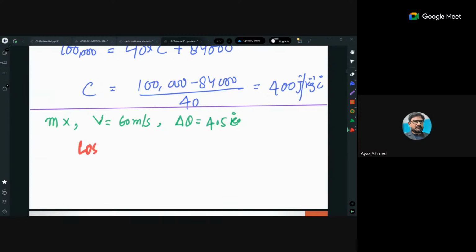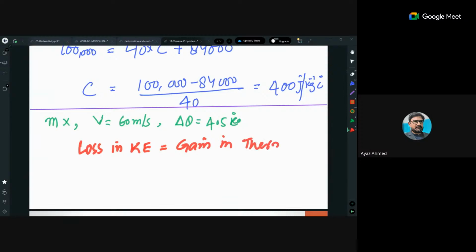I'm a bit confused, sir. Like, the velocity will end at some certain point? Yes, it would stop when the bullet hits the sandbag. So loss in kinetic energy is equal to gain in thermal energy.